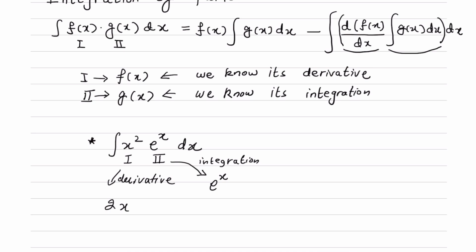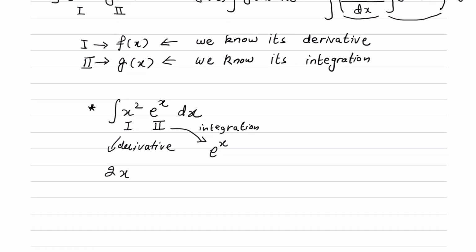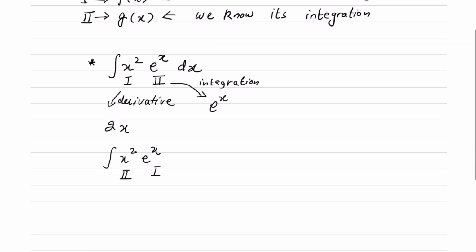But in this particular case, it is no problem if we call x square the second function and e power x the first function, because for the first function we should know its derivative. And do we know the derivative of e power x? Yes, the derivative of e power x is e power x.